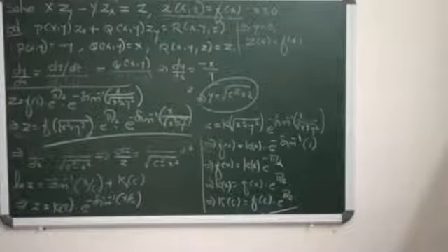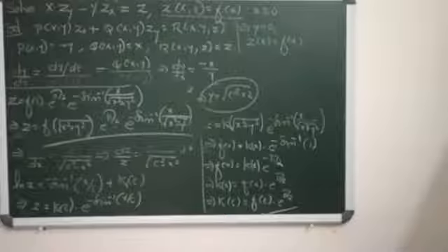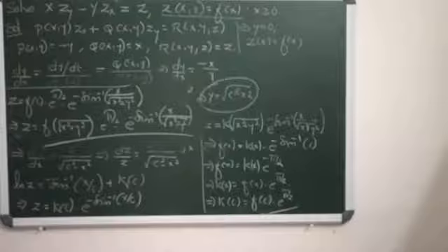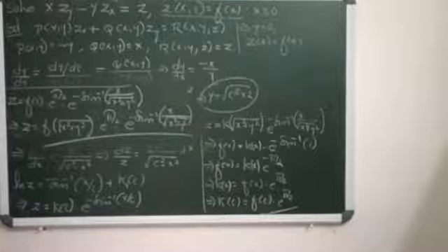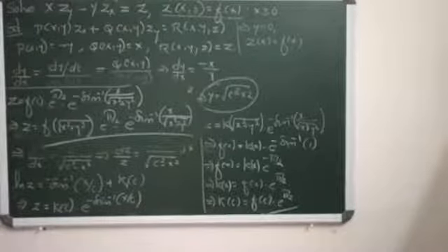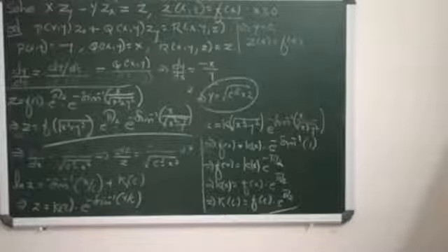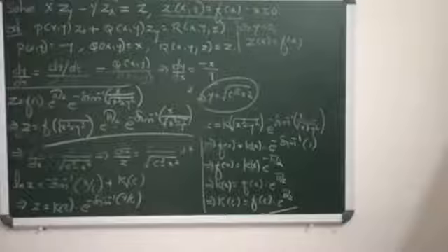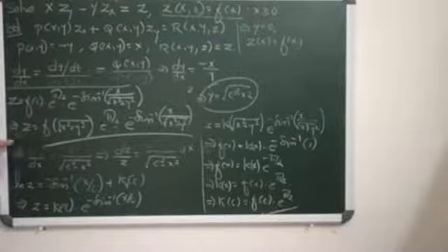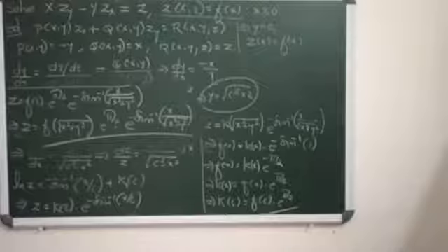We have the required solution. So this is the method to find out the solution of a semi-linear equation. How to solve a semi-linear equation? First, compare it with the semi-linear equation, then find out p, q, and solve the ordinary differential equation. That is, dy by dx is q(x,y) by p(x,y), and dz by dx is r(x,y,z) by p(x,y).